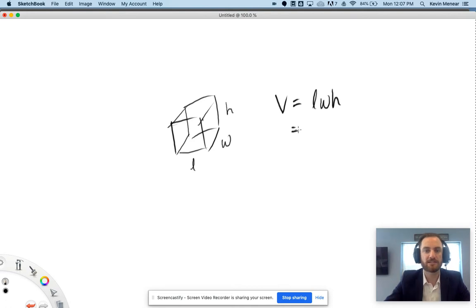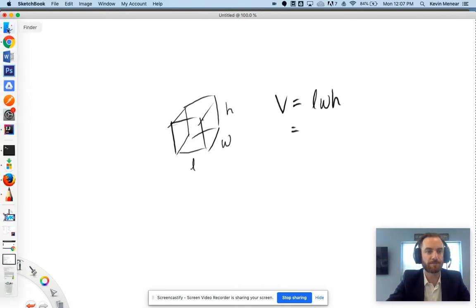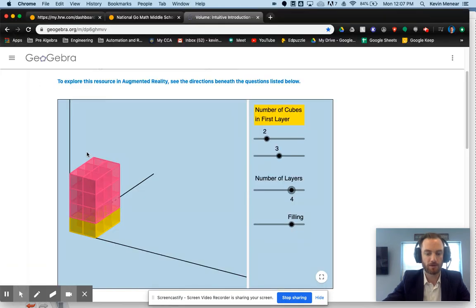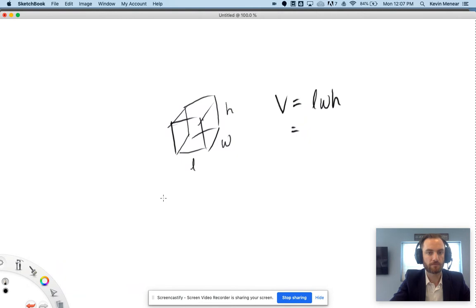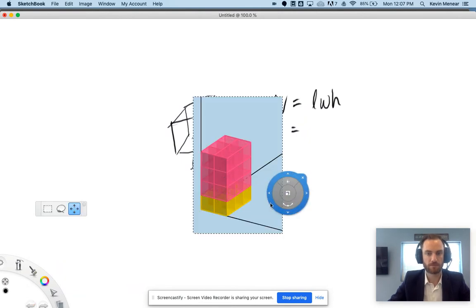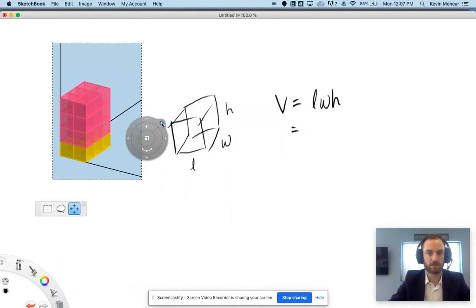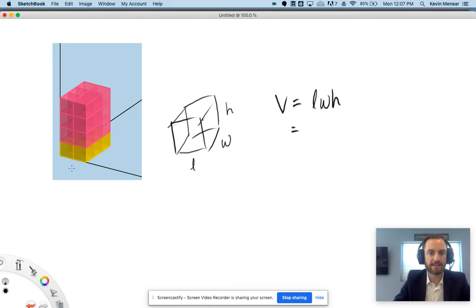So in our case, what do we have on our GeoGebra setup here? Well, let's take a look. I'm going to bring this in. Well, our length here is 2, our width is 3, and our height is 4.